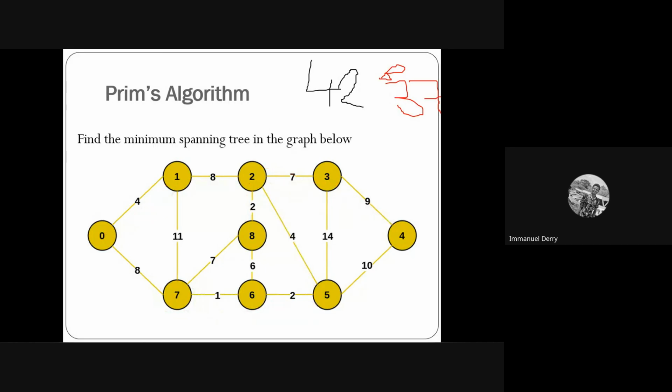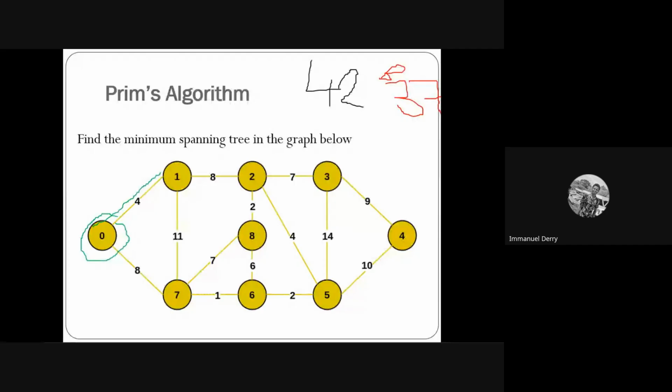So let's choose the arbitrary value to be 0 here. Now from 0 to 1 and 0 to 7, the minimum edge is 4. So we go here. And now notice that for every vertex that we visit, we still have in memory the length of the other edges. So we still have 0 to 7 with 8 in memory.